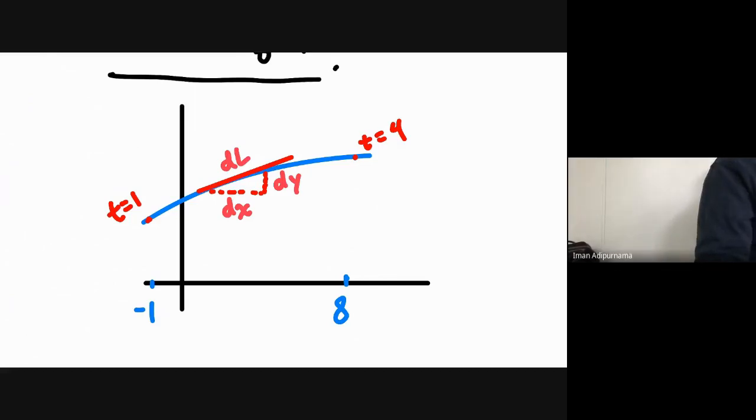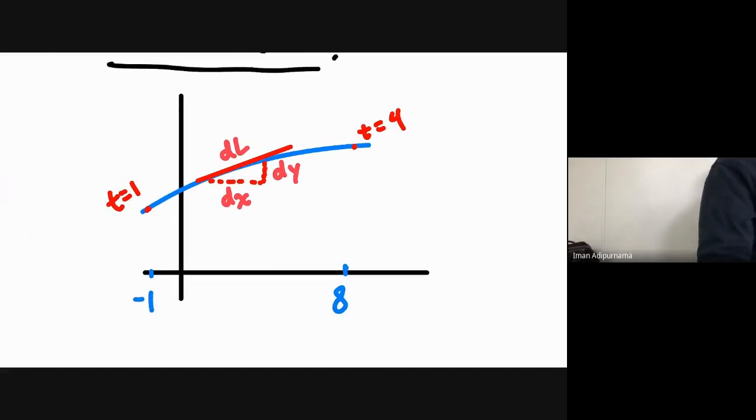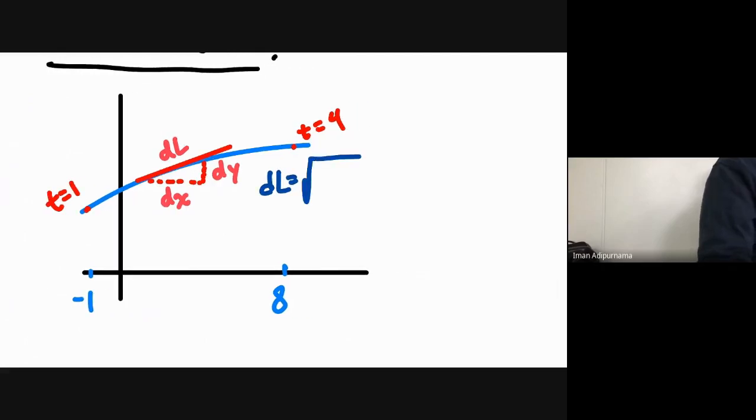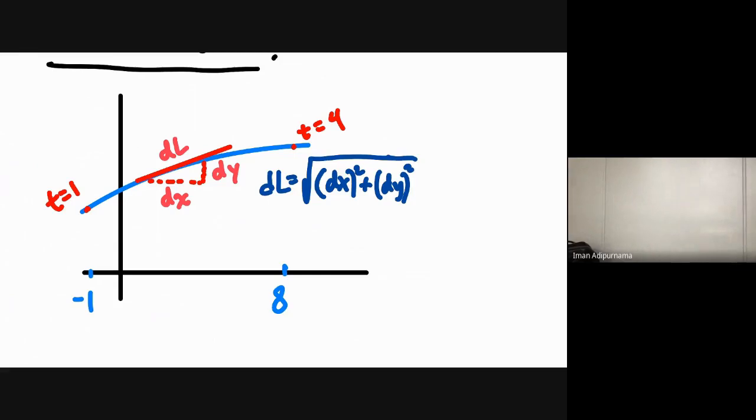All these three have relations. So dl is the square root of dx squared plus dy squared. And with some manipulations, you can have 1 plus dy over dx squared, or 1 plus dx over dy squared, depending on the conditions of the graph, and you will have the arc length formula.